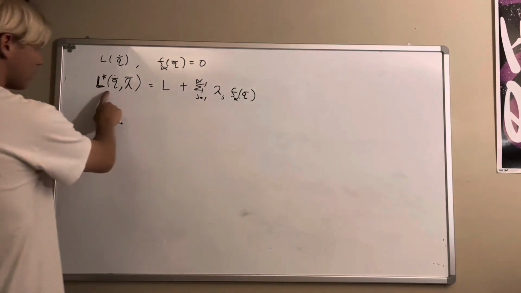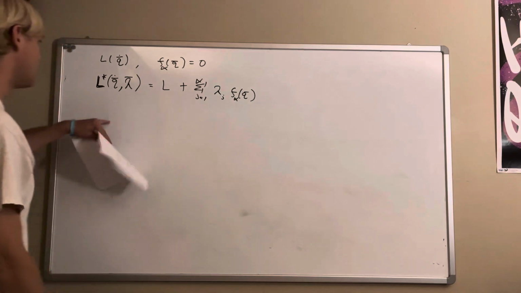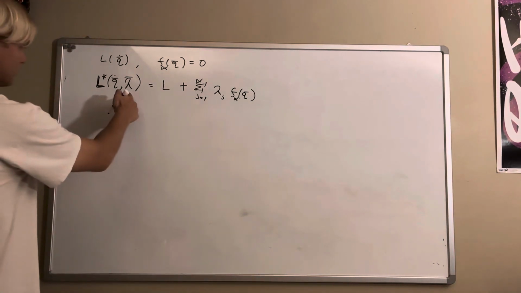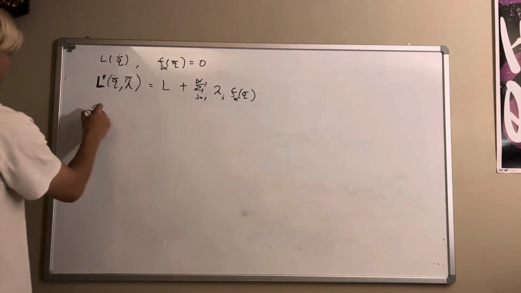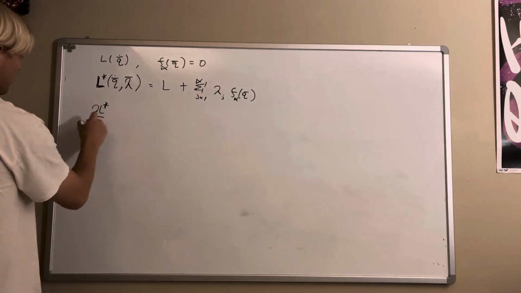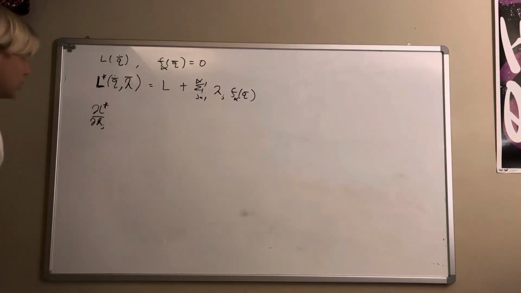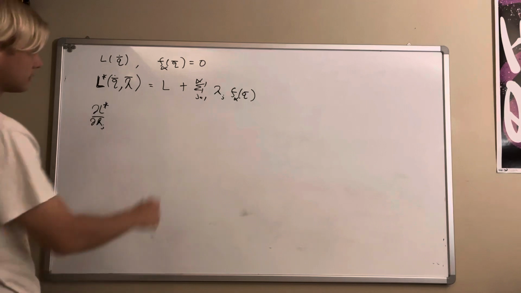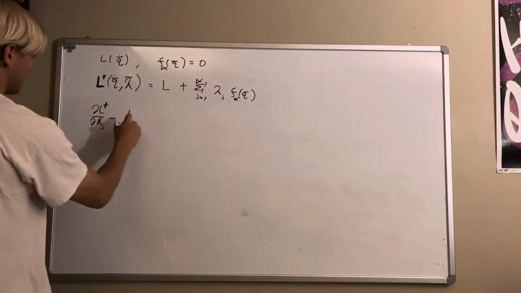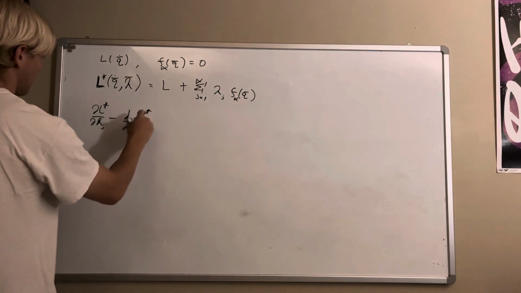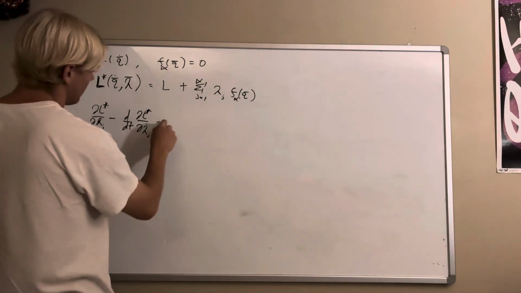So if you just do the Euler-Lagrange, for the lambda j's, where j represents each one of these, it results in the partial derivative with respect to lambda j dot equal to 0.